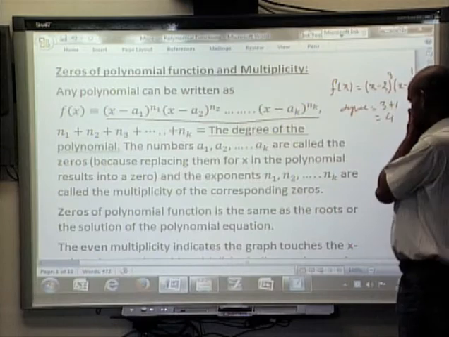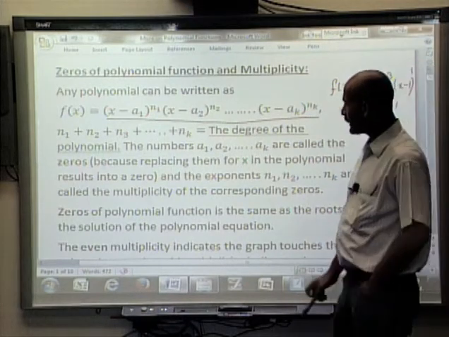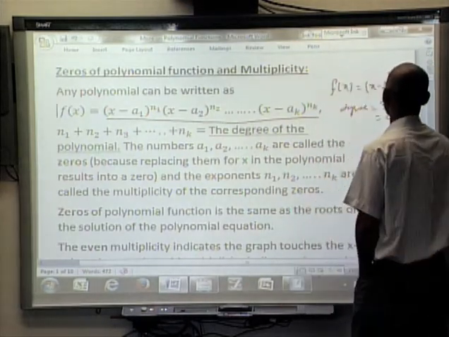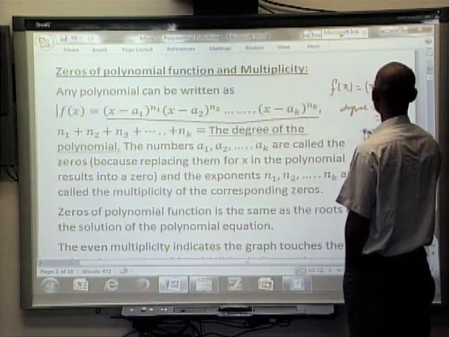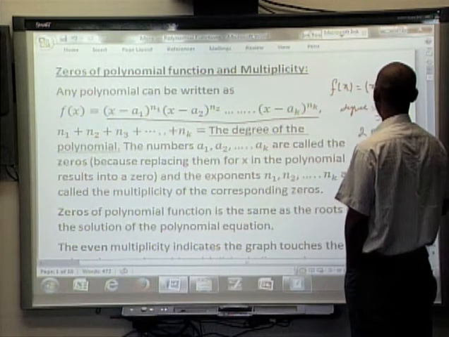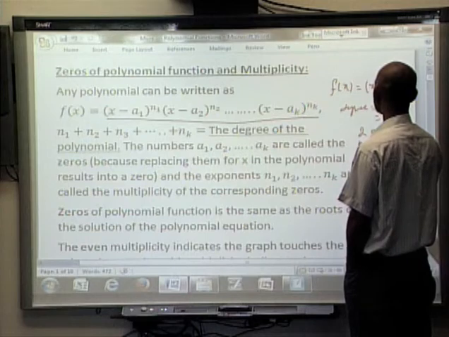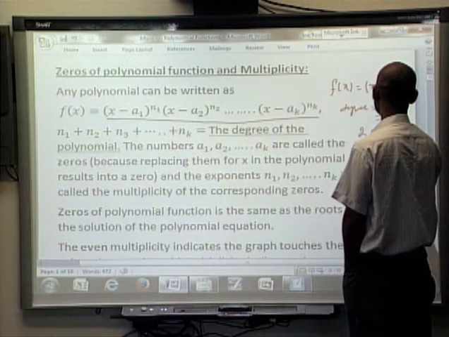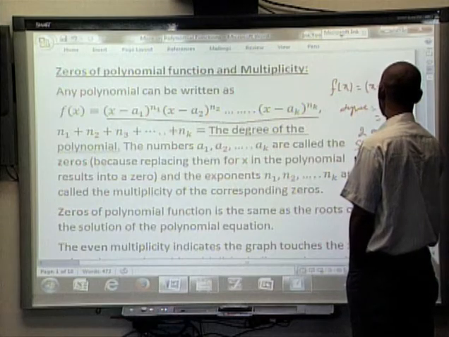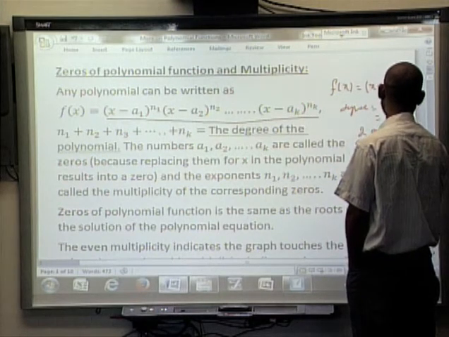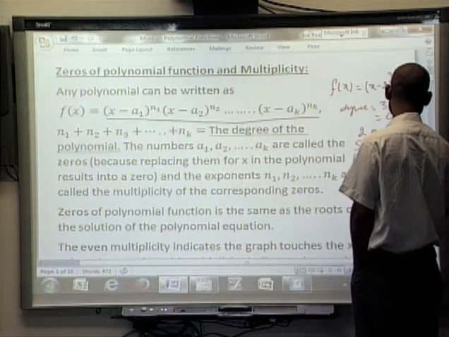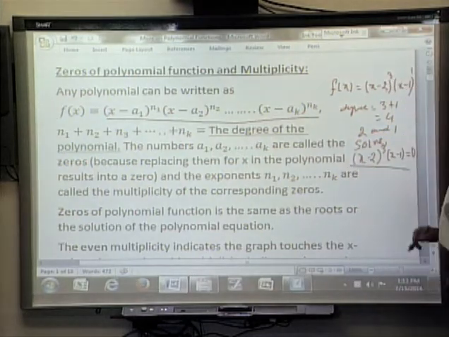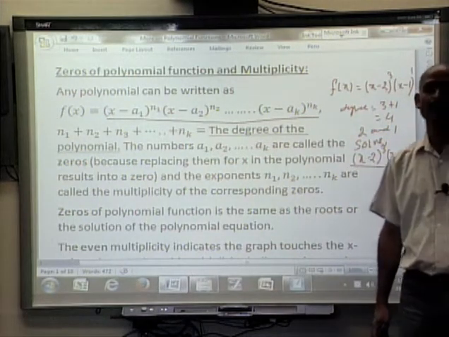Now, the two things are the same: zeros of the polynomial, 2 and 1. And if we have to solve, let us say, this equation x minus 2 to the third and x minus 1 equal to 0, we have a new equation; we call this equation a polynomial equation.